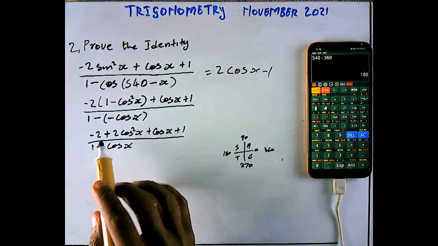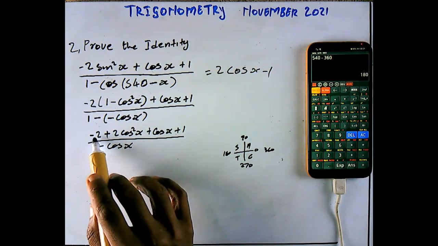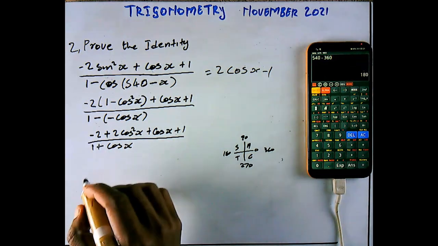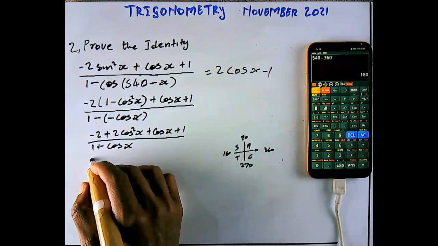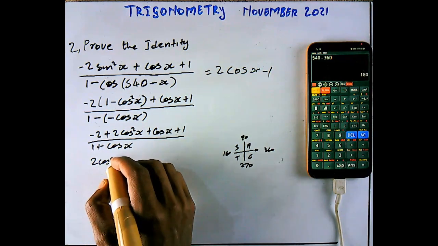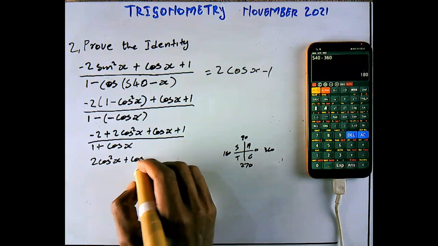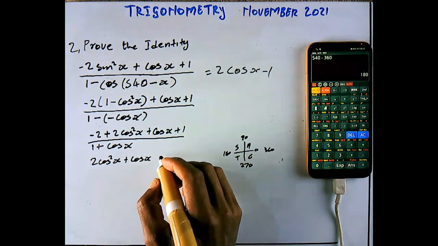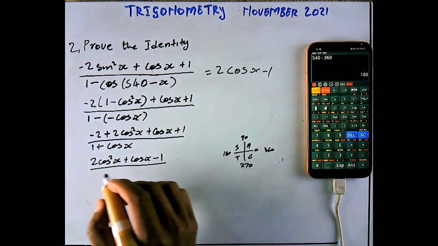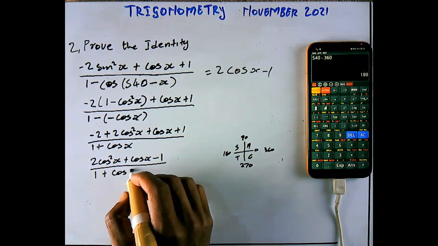And then here we've got like terms. We've got negative 2, we've got plus 1. So 1 minus 2, it's minus 1. Then we are going to have 2 cos squared x plus cos x minus 1 over 1 plus cos x.